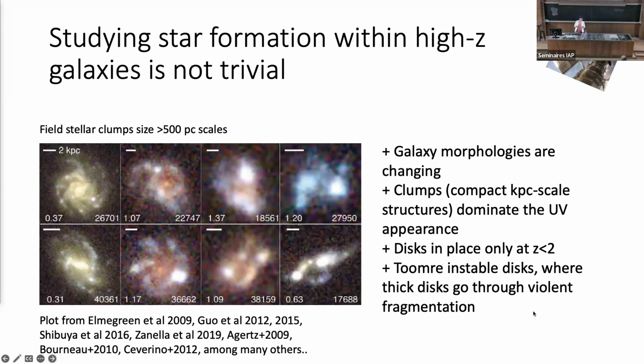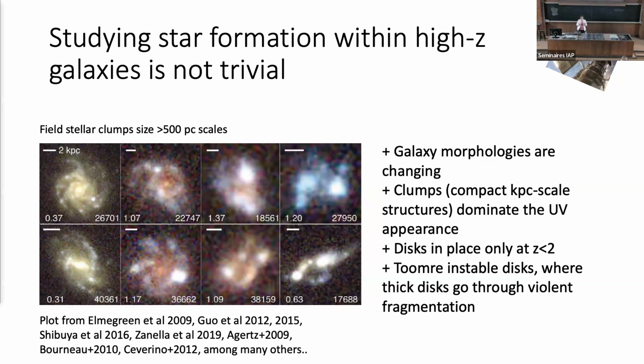So with HST, we have been able to look at galaxies up to redshift 6, let's say, and especially in their UV light, we have seen the galaxies are losing their morphological classification. And what we have learned essentially with the HST study, because HST was the only one that allowed us to reach the highest spatial resolution at this redshift, is that these disks are dominated by stellar clumps.